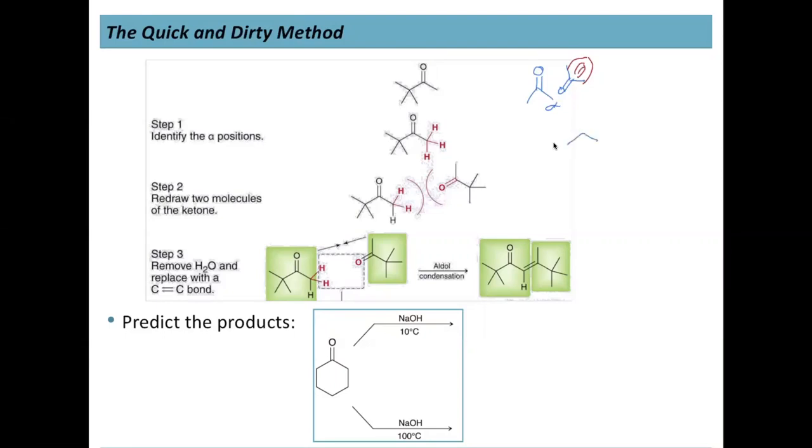And so what happens is that spaceship will dock into that alpha carbon position, open up the airlock, which removes that oxygen there. And you now have the product of the alpha beta unsaturated carbonyl. So this is a way to be able to identify the aldol condensation.